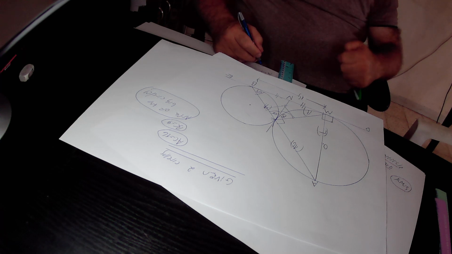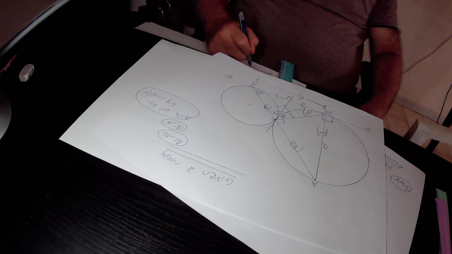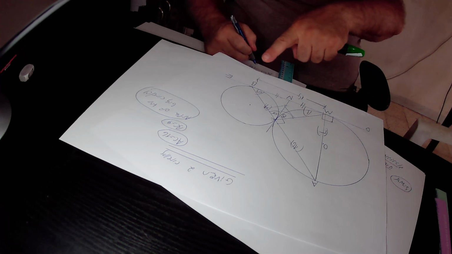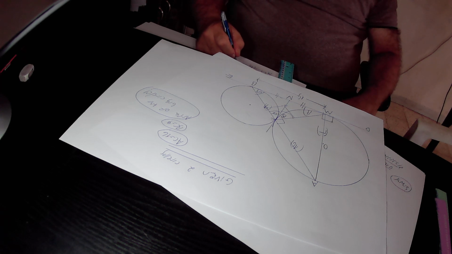AM is the missing side, MB equals 15 units according to rule 10, and the hypotenuse AB, in total, is equal to 16 plus 9, that is 25.